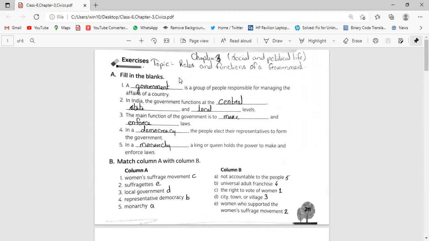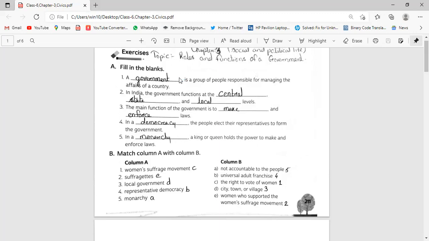In a democracy, the people elect their representatives to form the government. Next, in monarchy, a king or queen holds the power to make and enforce laws.